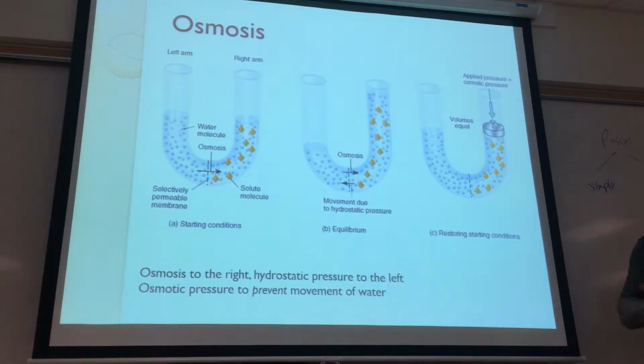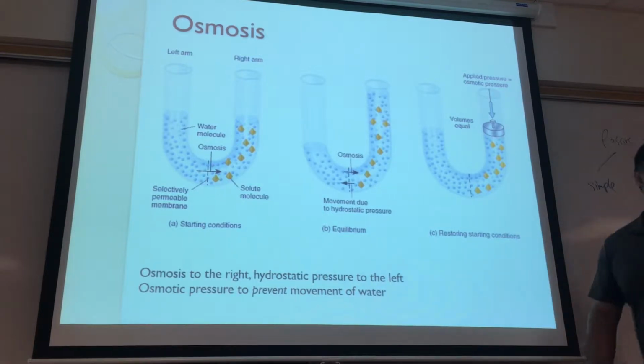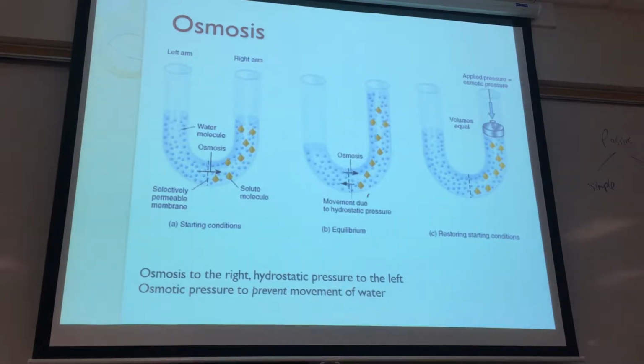In this example, what we have is a tube with open channels at the top. We have a left arm and a right arm, and we have water that's filled up to the same level. There's a division right in the middle, which is called our selectively permeable membrane.